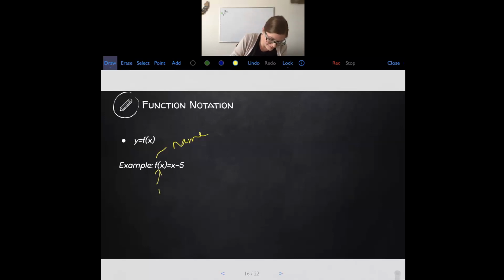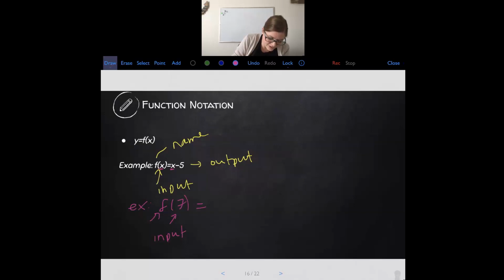This x is your input value. And what we get out of the function is our output. So there's an input, it goes into the function, and we use whatever relation is given, in this case x minus 5, and we get an output. For example, if we were asked to find f of 7, we're using the function f, 7 is our input, and we input it everywhere we see an x.